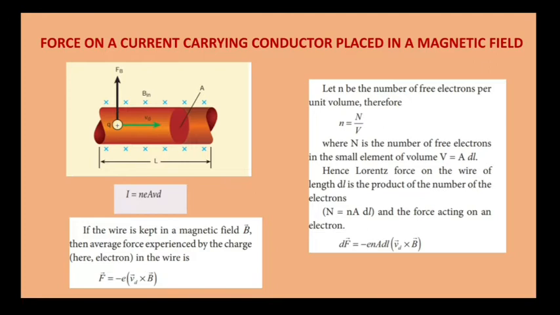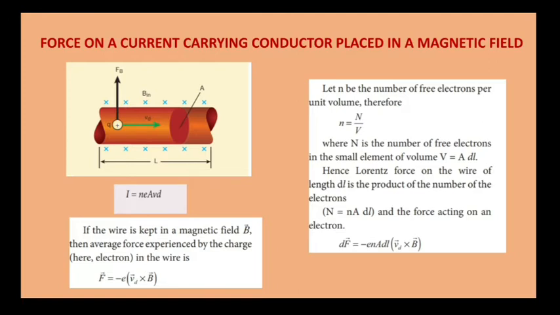Then let n be the number of free electrons per unit volume. Therefore n is equal to capital N by V, where N is the number of free electrons in the small element of volume V. So V is equal to A dl. Hence the Lorentz force on the wire of length dl is the product of the number of electrons.